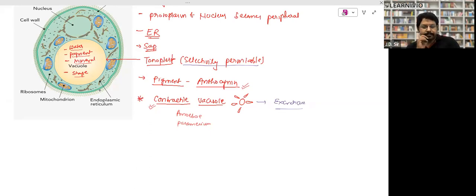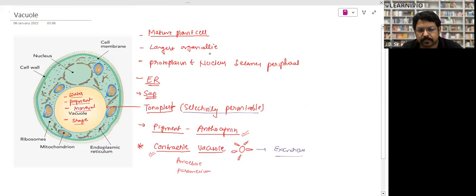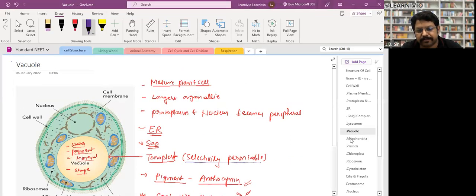Is that clear? Vacuole, very simple. Remember the function of contractile vacuole. Contractile vacuoles are found only in animal cells.